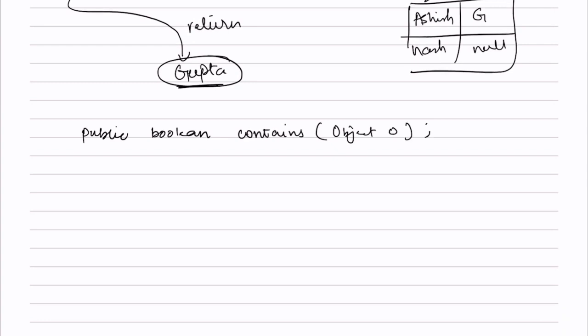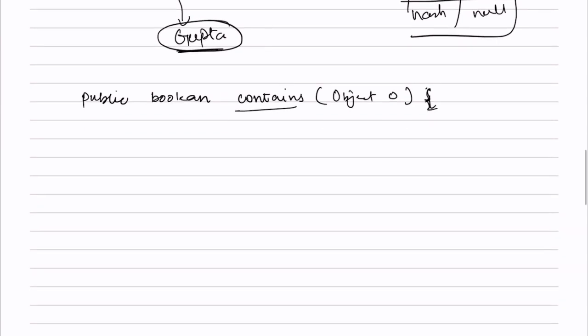If you want to know whether a set contains a particular value or not, you will call this method, and it returns map.containsKey(o). If it contains it, it returns true, and if it doesn't contain it, returns false to you.